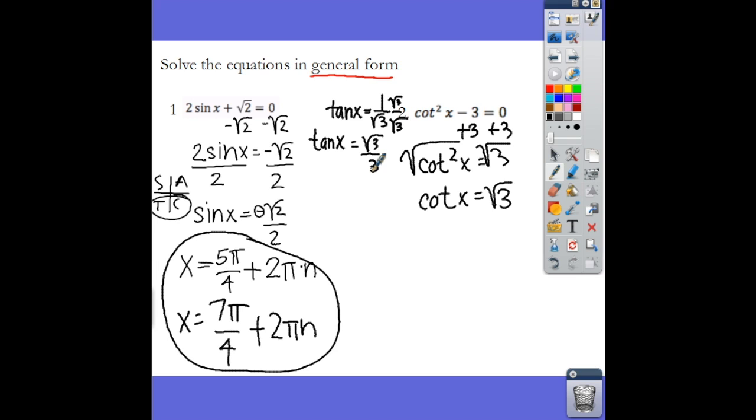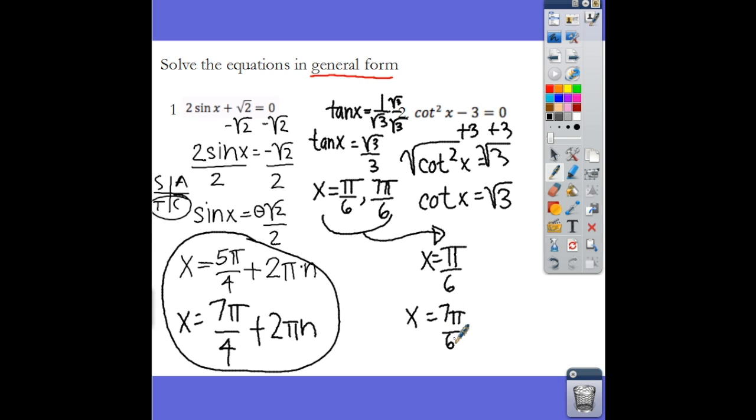So the solutions to this are pi over 6 and 7 pi over 6. So both of those solutions will be usable for cotangent of x equals square root of 3. So the solutions for this are also pi over 6 and 7 pi over 6.